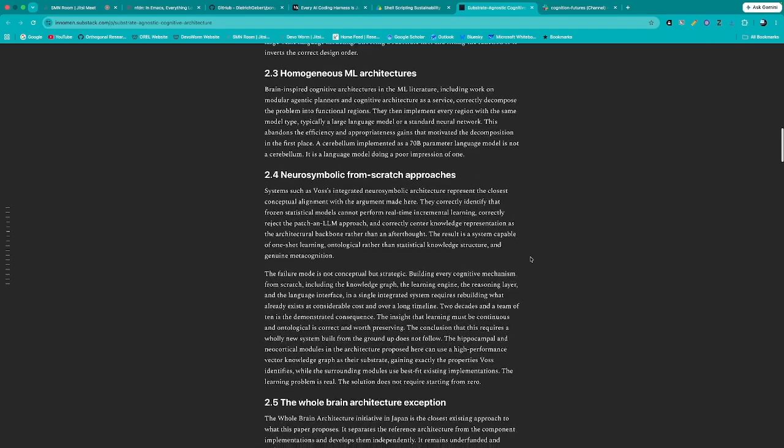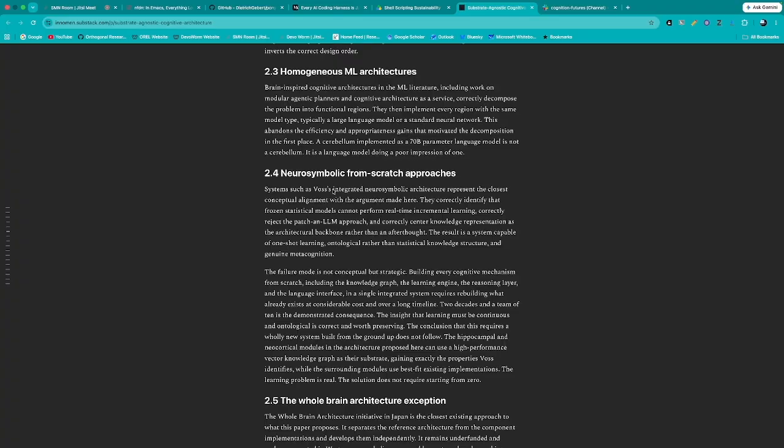Then this fourth point, neurosymbolic from scratch approaches. So this just talks about the failure modes of neurosymbolic architectures. They correctly identify that frozen statistical models cannot perform real-time incremental learning, correctly reject the patch and LLM approach, and correctly center knowledge representation as the architectural backbone.